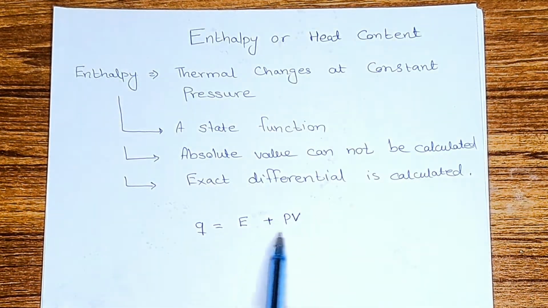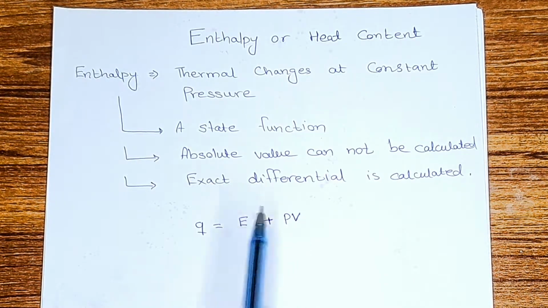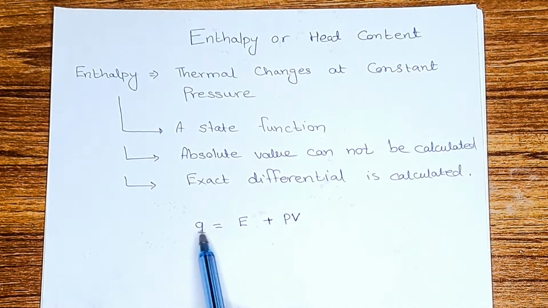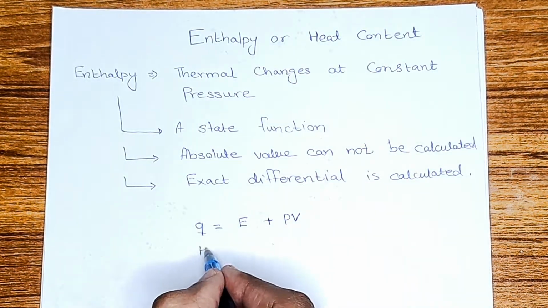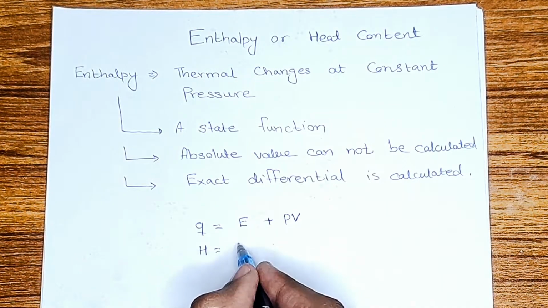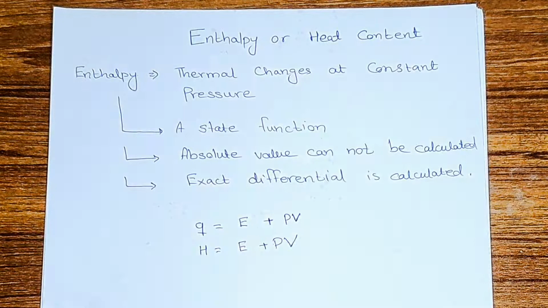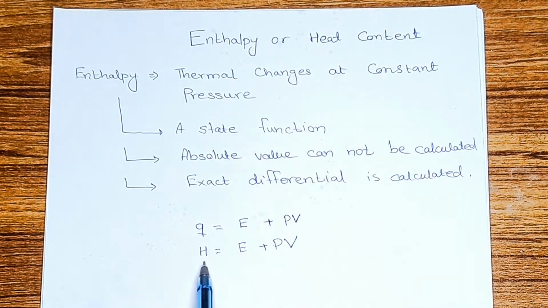This PV work done is actually the work done on the system, so that's why it has a positive sign. Since we are taking pressure to be constant, this Q will be equal to H. So that will become H is equal to E plus PV. Okay, so that's the heat content of a system in terms of enthalpy when the pressure is constant.